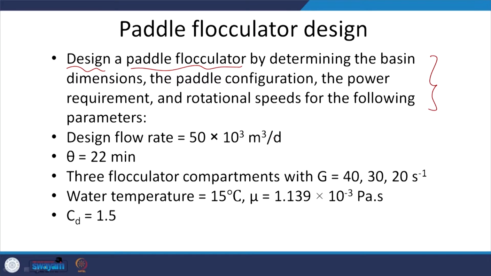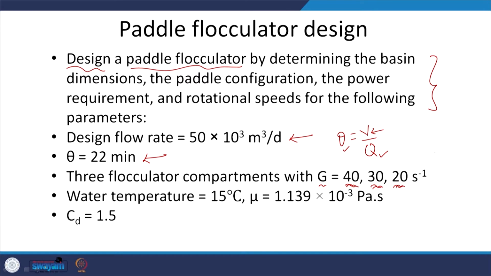So let's look at what we have. We have the design flow rate, and we have the retention time already given, meaning we know that theta is equal to V by Q. So from that, I can calculate V because I already have theta and Q. There are 3 flocculator compartments with decreasing levels of mixing, and that's typical.